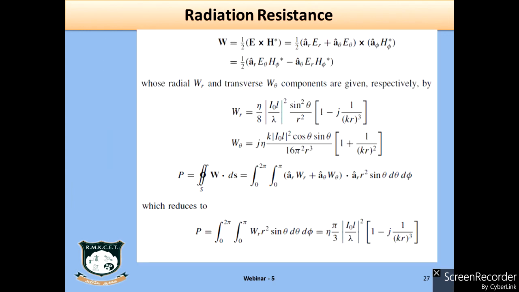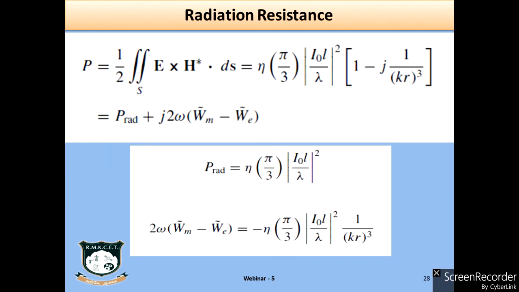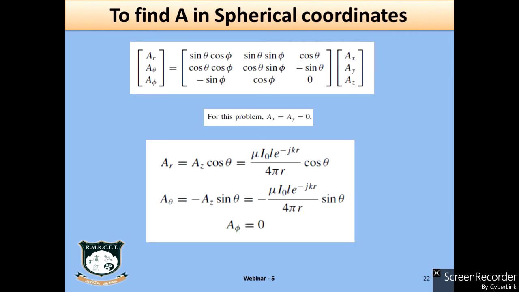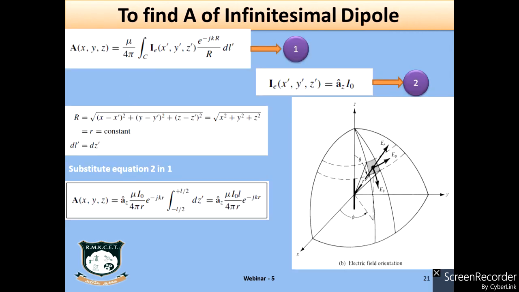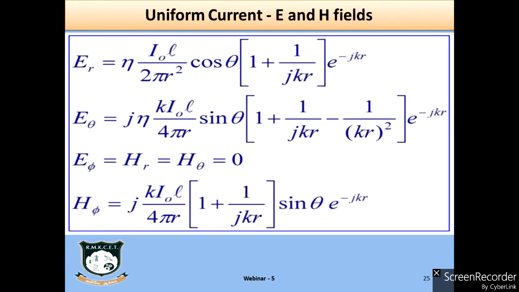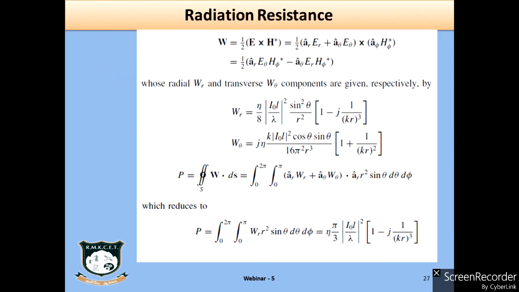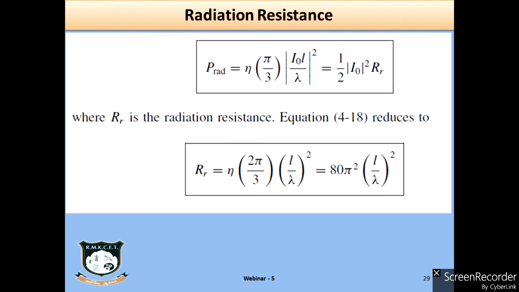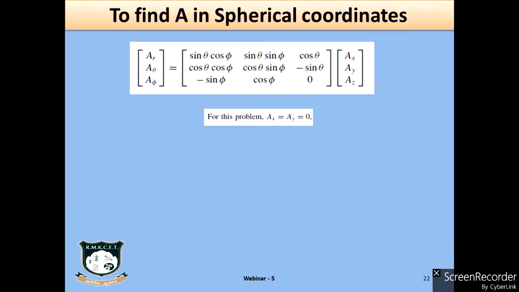Similarly, we do all the calculations to get the E bar and H bar fields, the electric field and the magnetic field, and we also try to get the power dissipation and the radiation resistance, for all the antennas which we have seen at the start.